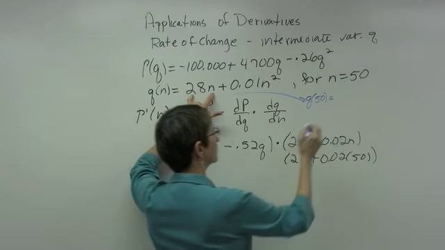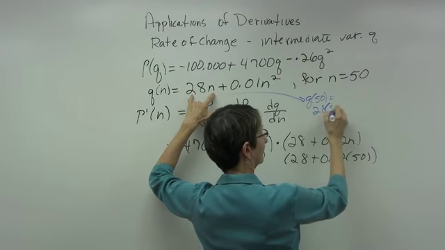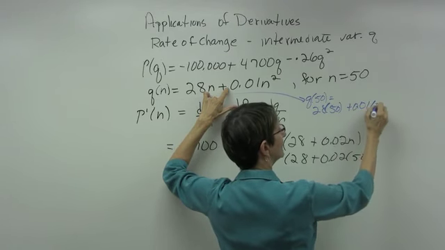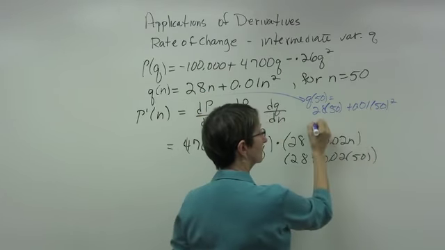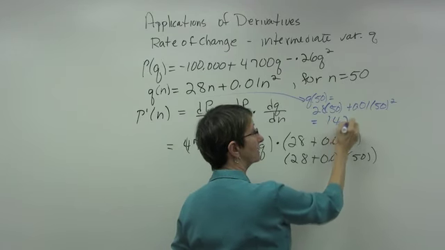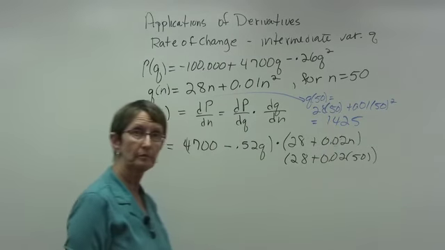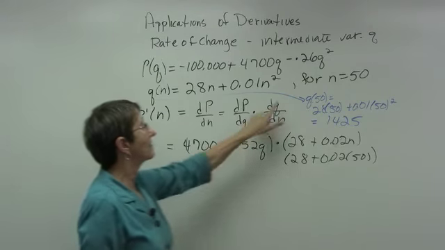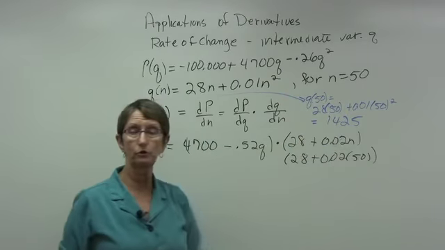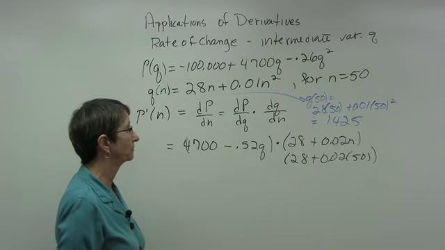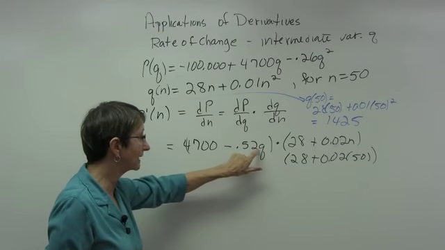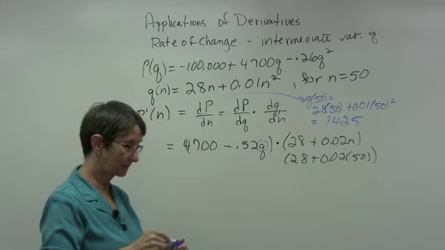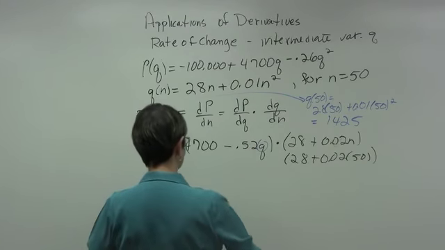I plug it in: 28 times 50 plus 0.01 times 50 squared, and that number turns out to be 1425. So when there are 50 employees, they can produce 1,425 laptop computers. So that's the number that I have to now put in place of Q. That's where 1425 goes. So we plug that in.